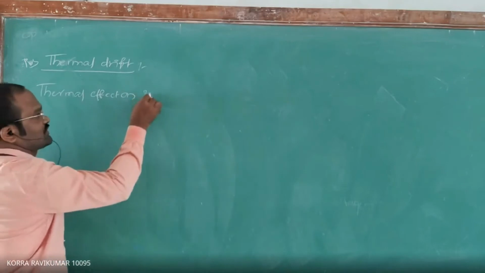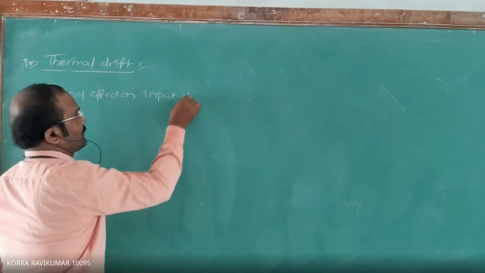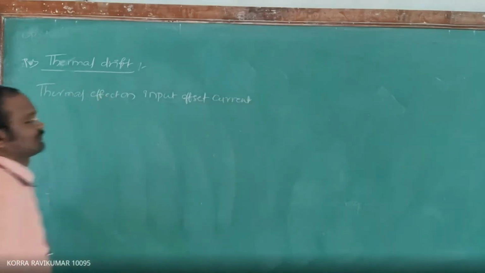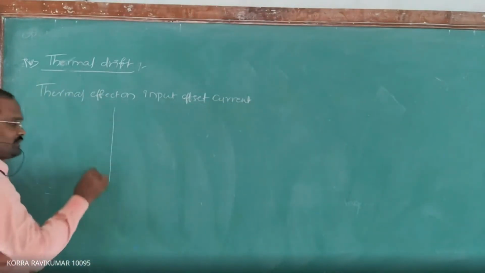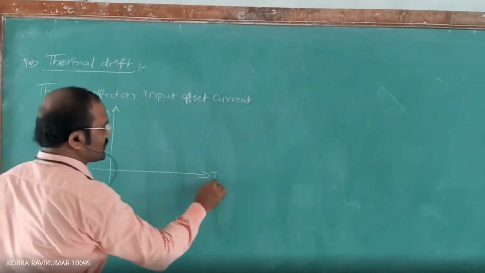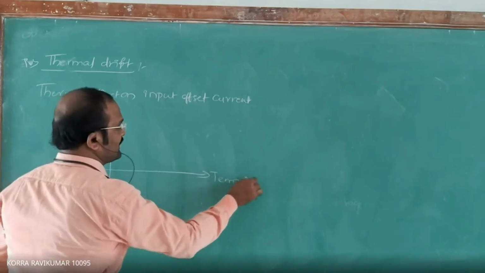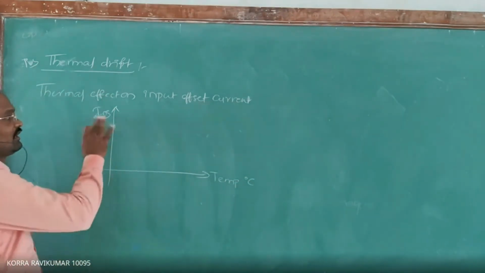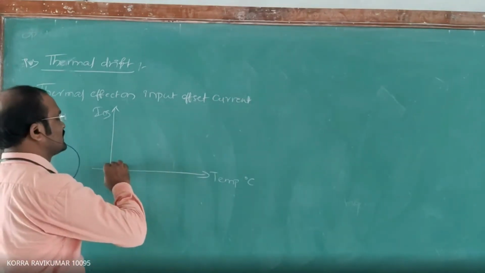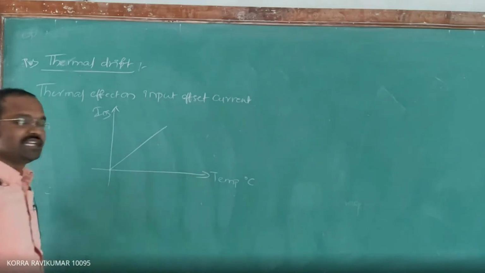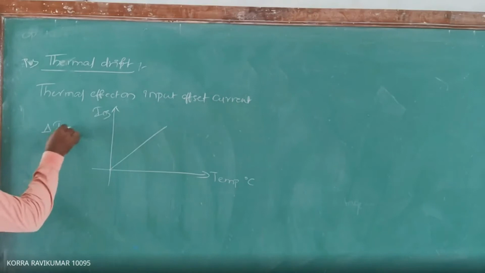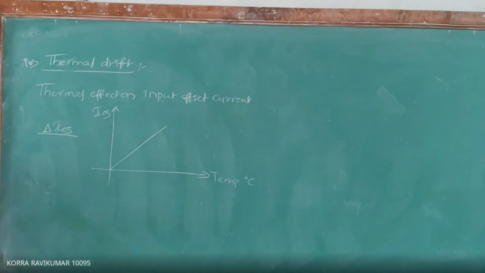Thermal effect on input offset current. If temperature increases in degrees centigrade, then the input offset current also increases gradually, or you can say linearly. If there is variation in temperature, definitely there will be a variation in IOS, the input offset current.